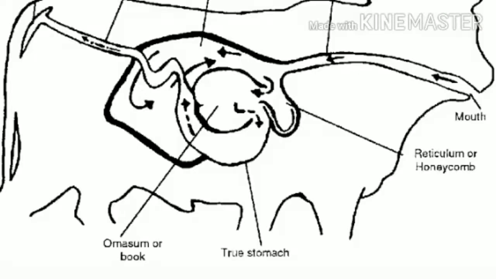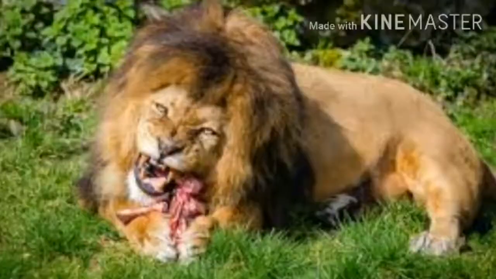When they relax, they bring back part of their food from inside into their mouth. Then they chew it properly. This is called chewing the cud. These animals have very strong and broad back teeth which help them in chewing.